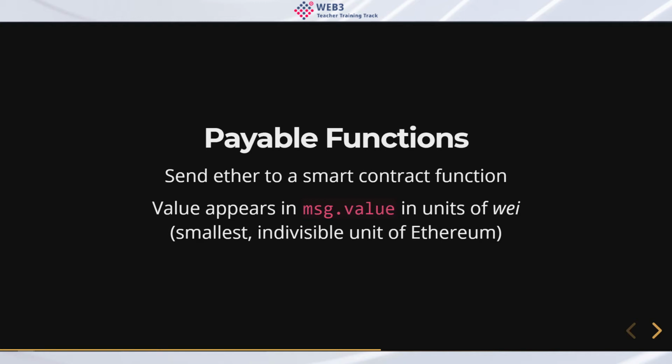So like we mentioned before, the value of the Ether appears in the message.value identifier in units of Wei, which is the smallest indivisible unit of Ethereum. 1 ETH is 10 to the 18 Wei.